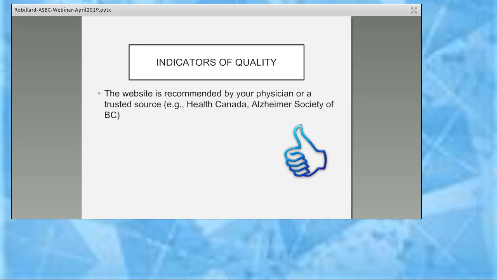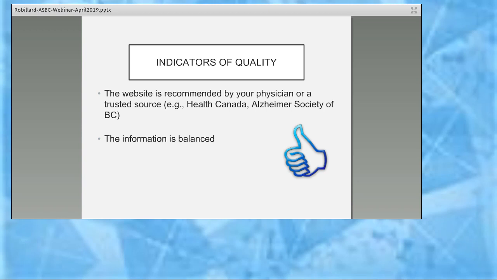So just to wrap up, I want to share with you some things to look for that will indicate whether the resource that you're looking at is of good quality or of bad quality. Indicators of good quality include things like whether the resource is recommended by your physician, a healthcare provider, or a trusted source, like Health Canada or the Alzheimer's Society of BC, that you know personally to be a trusted source.